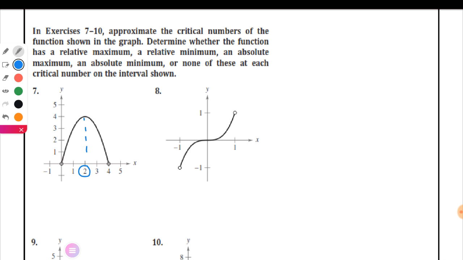He asked me to determine the critical number, that is the first request. The second is to tell whether we have a relative minimum, relative maximum, absolute, or none of these. The critical number is x equals 2.